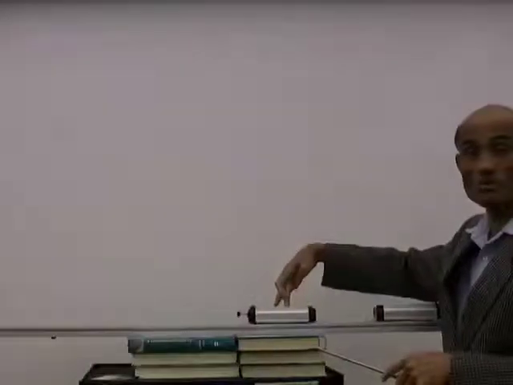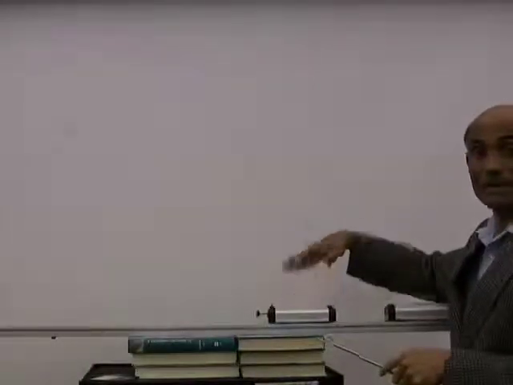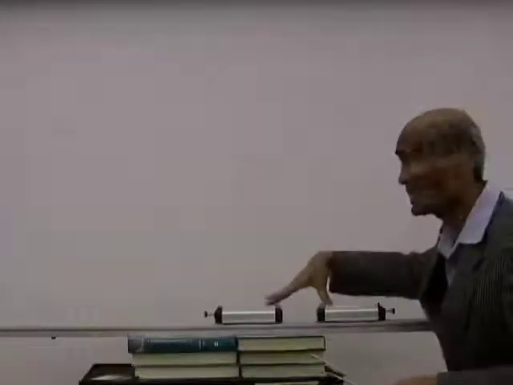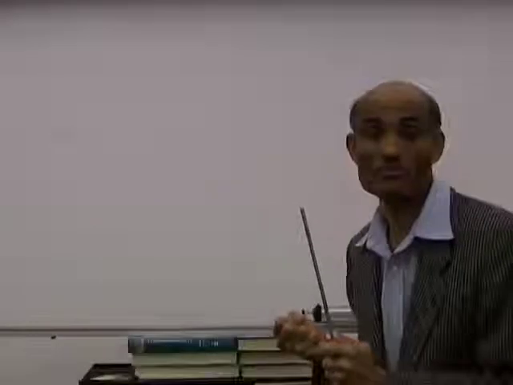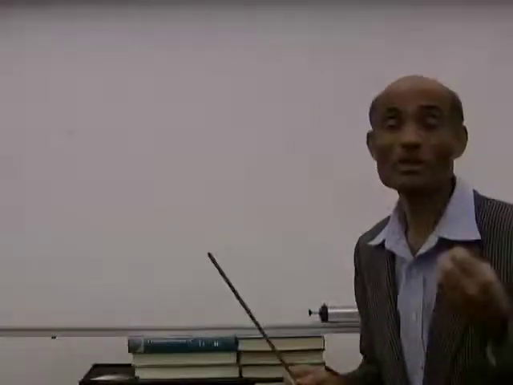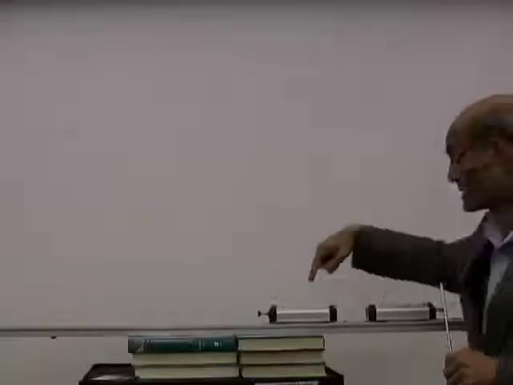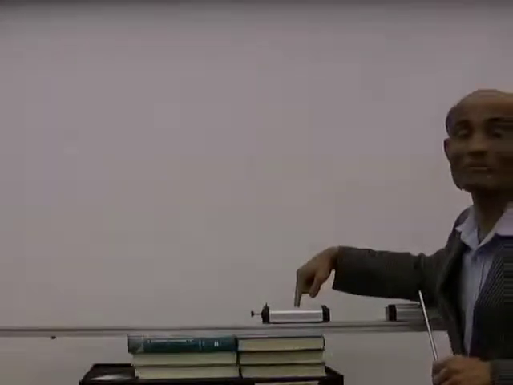The velocity of the second car is negative 2 meters per second i. And therefore, the first question is, what is the kinetic energy of the two object system measured from the lab reference frame? Well, that's simple. It will be 1/2 m1 v1 squared plus 1/2 m2 v2 squared.